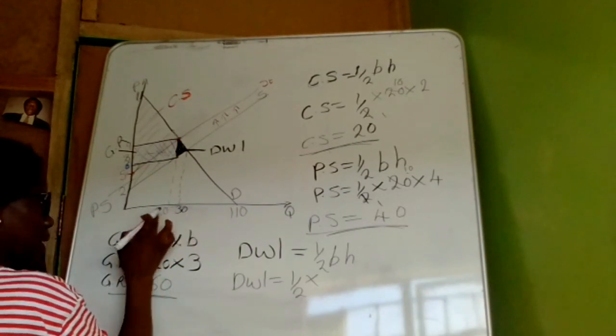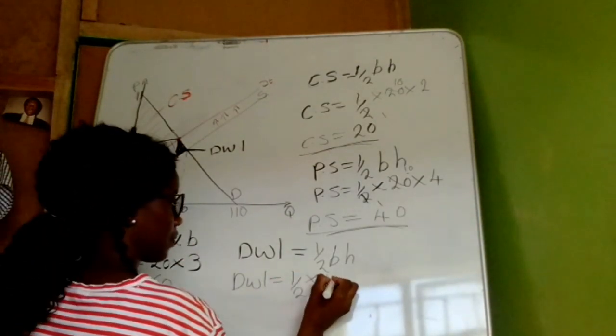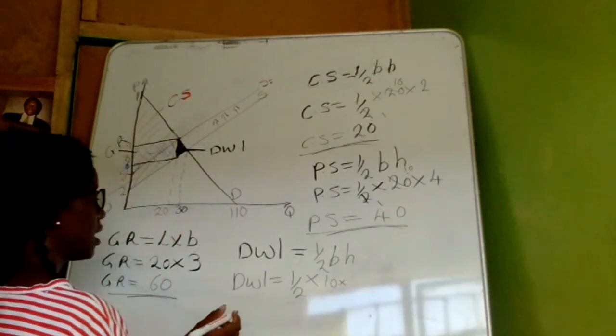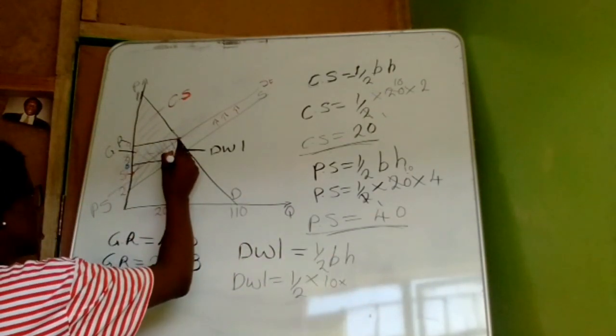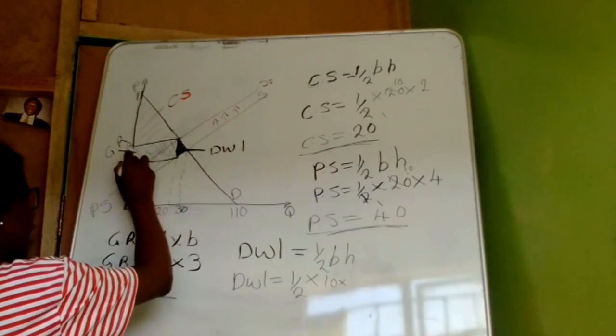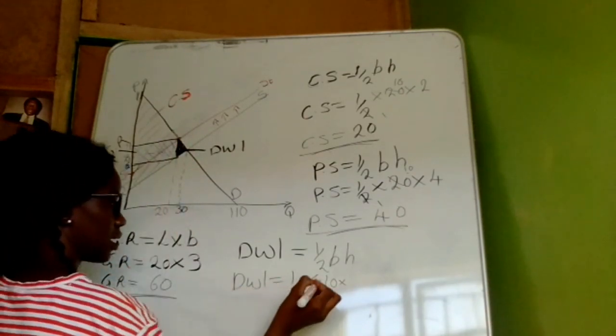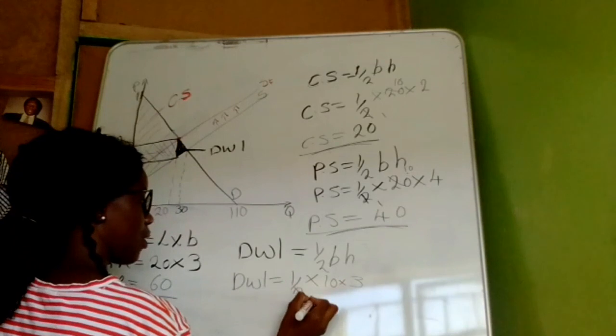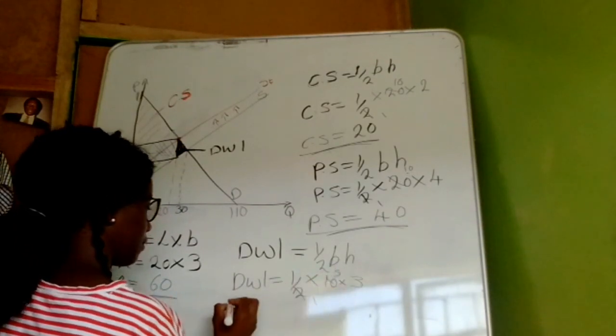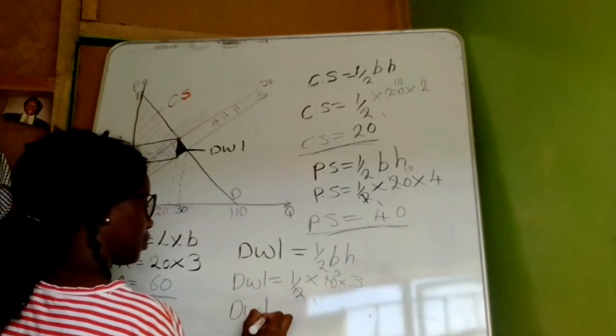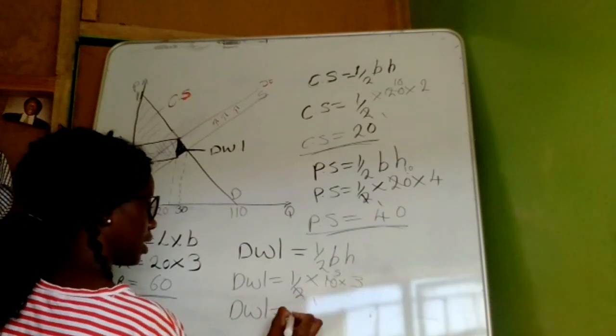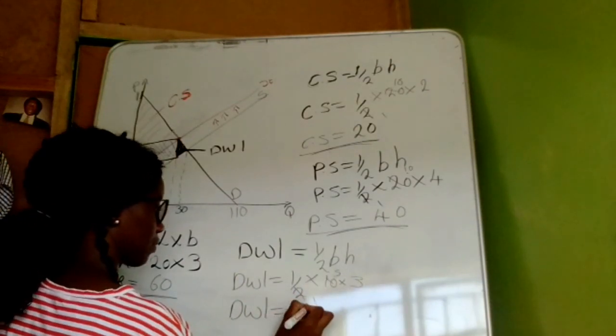So that's just 30 minus 20, which is 10, times the height is this distance. So that's 9 minus 6, which is 3. So 2 there, 1, 2 there, 5. So DWL is equal to 5 times 3, that's 15.